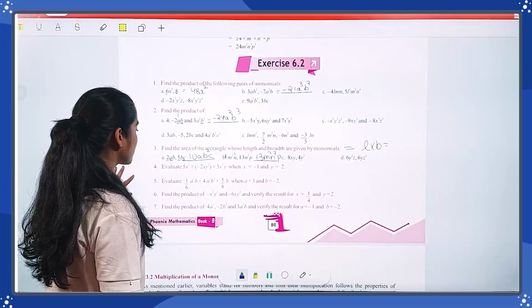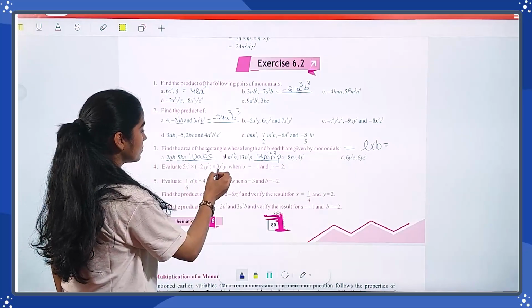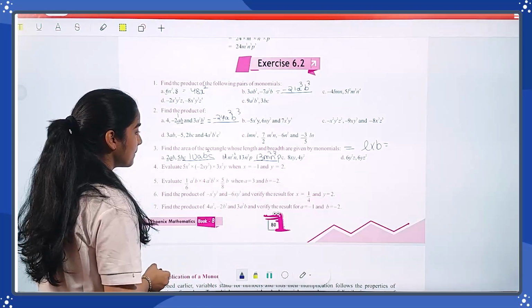Now evaluate 5x cube multiplied by minus 2x square multiplied by 3x square y when x is minus 1 and y is 2.